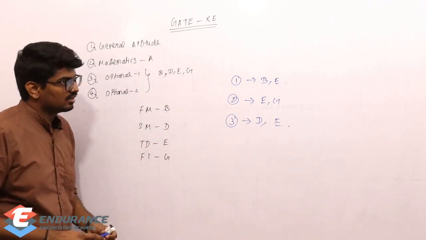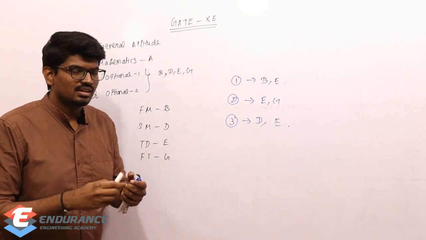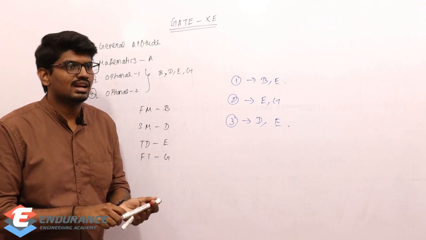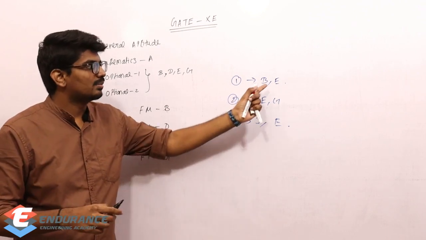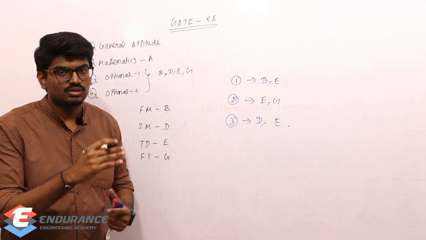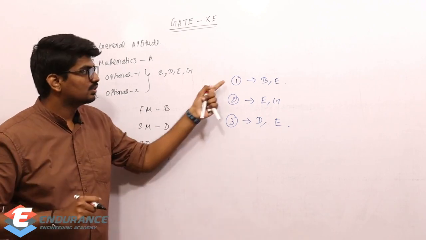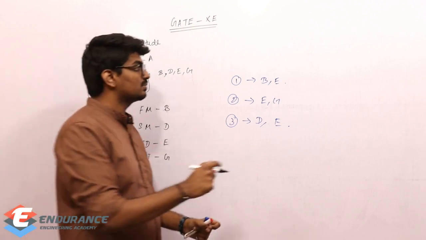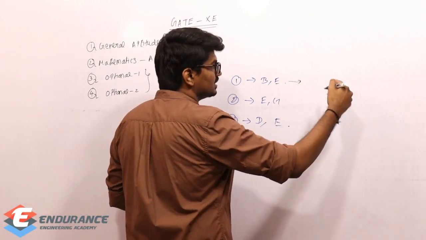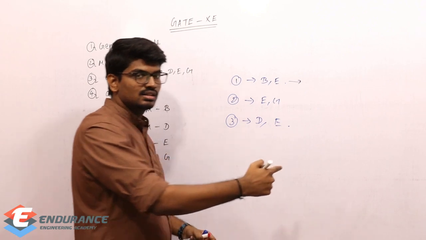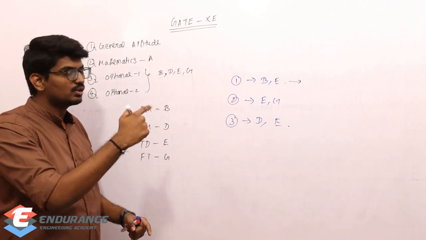Suppose the FM and thermo paper was very easy. The person who selected FM and thermo has a possibility to get an edge over others.